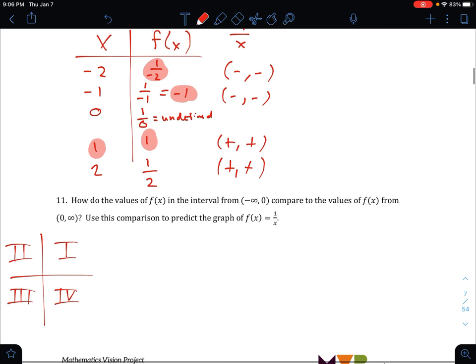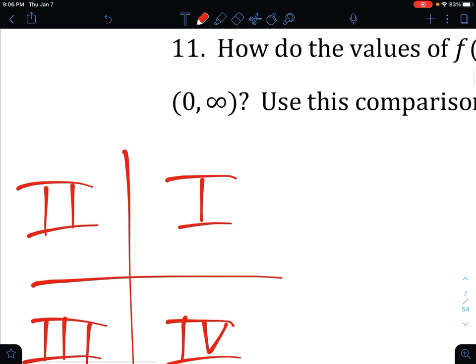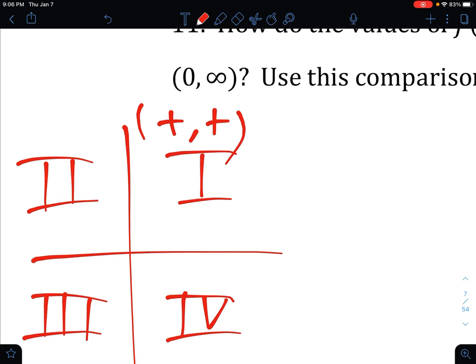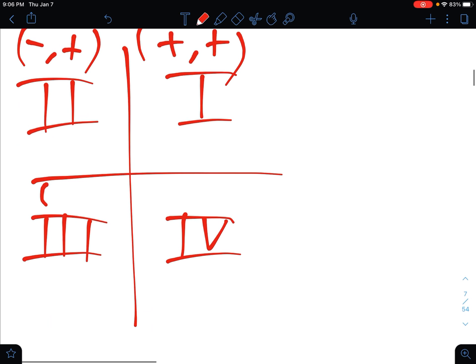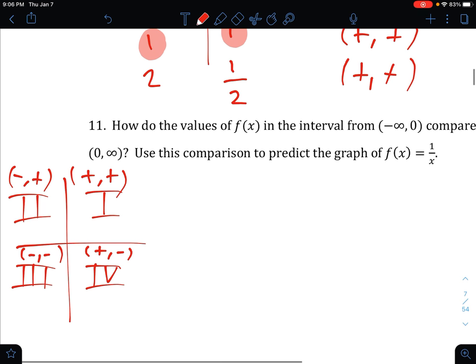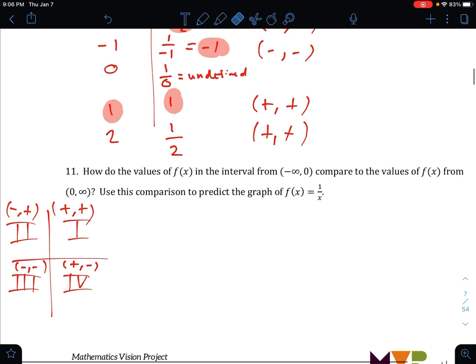These are where all of your positive, positive people are going to be. The second quadrant's going to be negative, positive. This third quadrant's negative, negative. And this fourth quadrant would be positive, negative, right? So the positive part of the graph is going to be in quadrant 1, because if we look, it's always positive, positive.